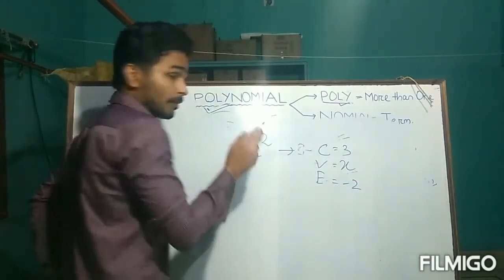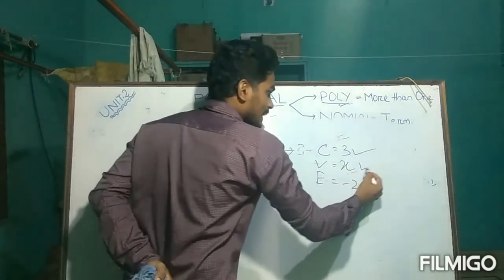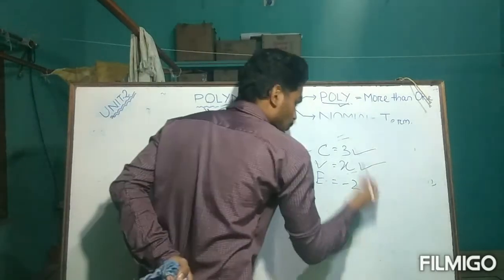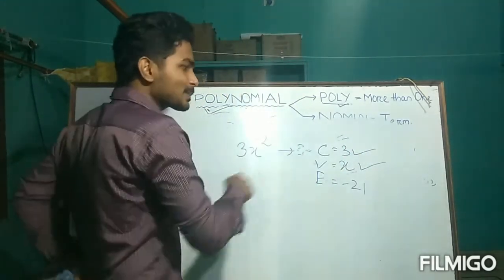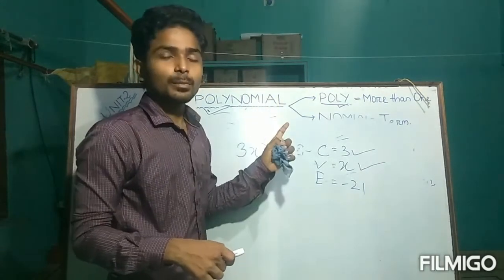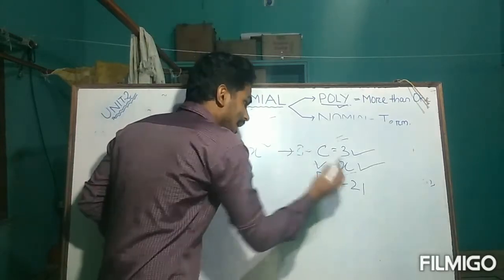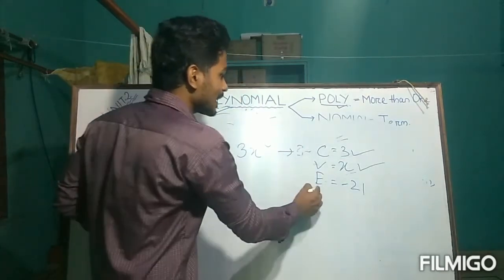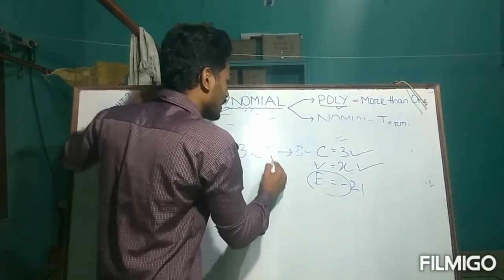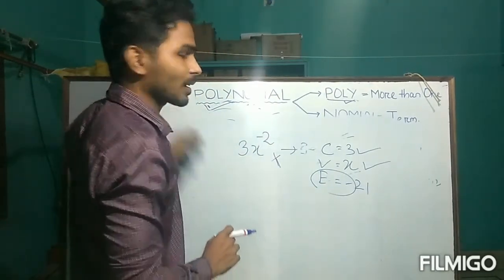Now we have to verify it. Here coefficient is 3, satisfied; variable is x, satisfied; exponent is minus 2. But the exponent is negative. The definition of polynomial is that the exponent must not be negative, but it is negative. Since it is negative, it is not a polynomial. Understood? So it is not a polynomial.